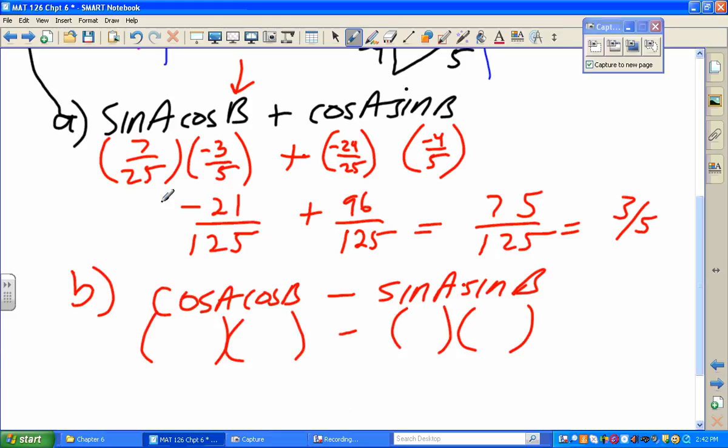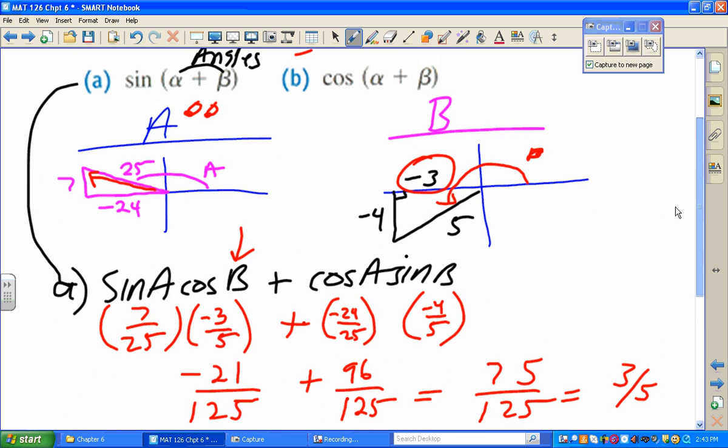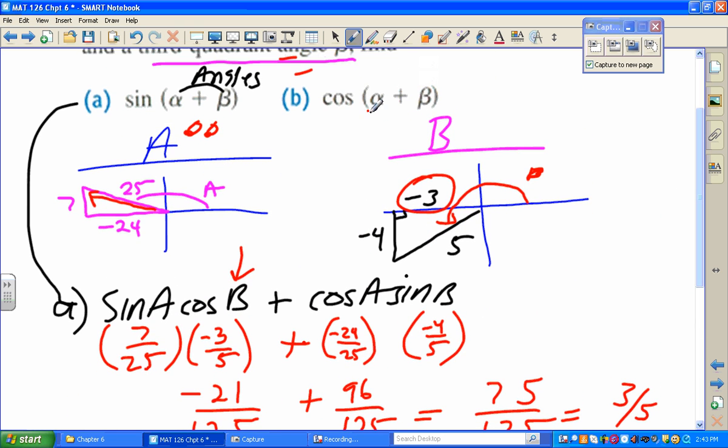Well, we know the cosine of A is going to be negative 24 over 25. There's an easier way of doing this, but that's okay. We'll talk about it later. Show you now? Sure. You see how these are the same angles, A plus B, A plus B? We have an identity that says sine squared theta plus cosine squared theta equals 1, don't we?